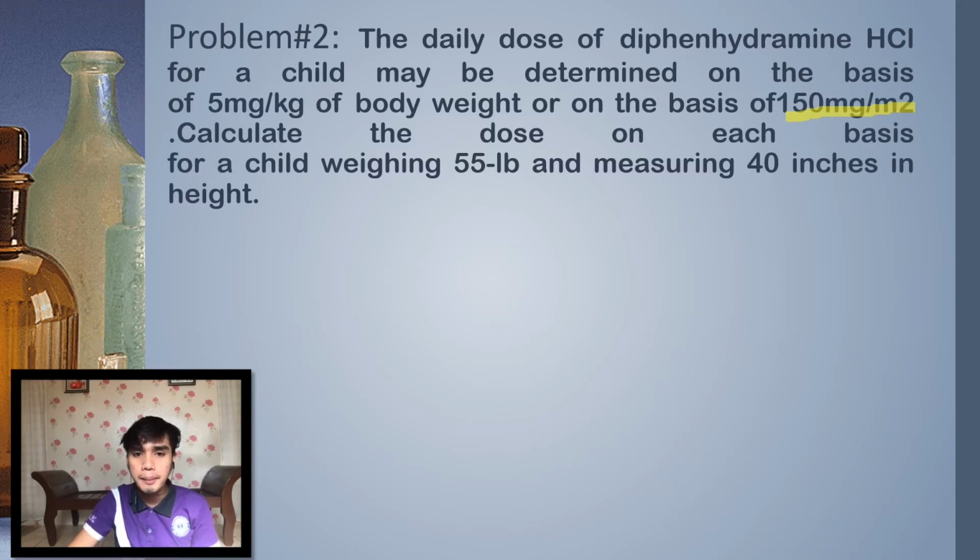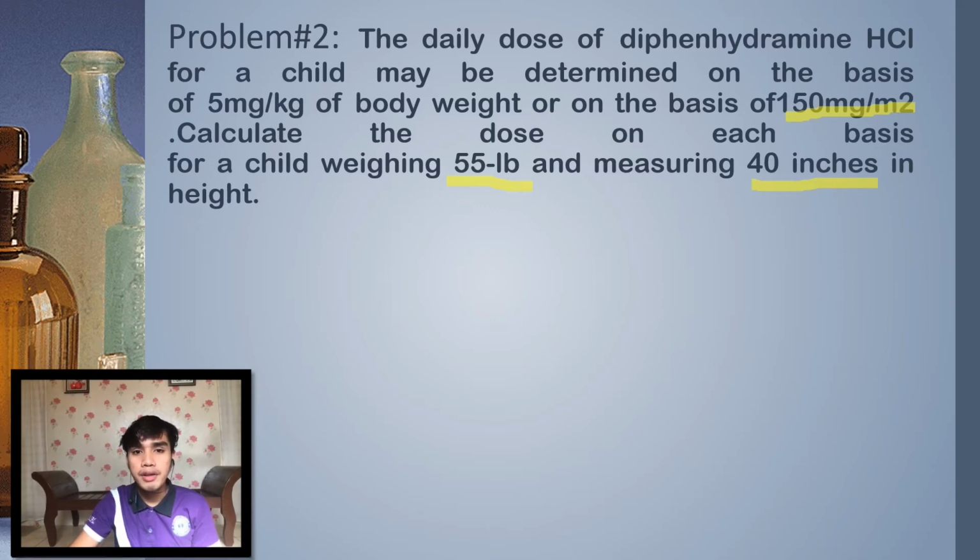For the second basis, we first need to find the body surface area of the patient before calculating the final dose. Since we have here the weight of the child in pounds and the height of the child in inches, we are able to calculate the BSA of the child.